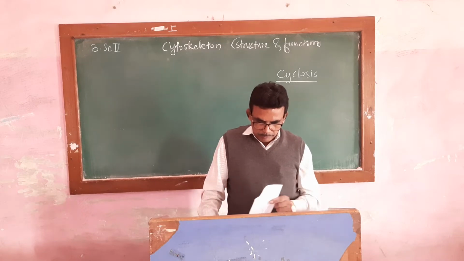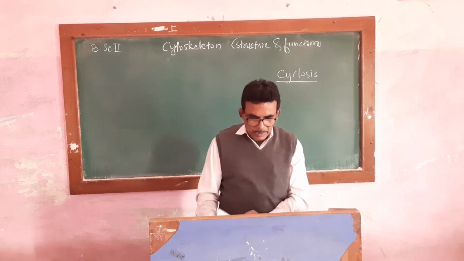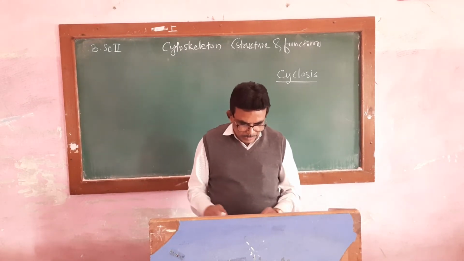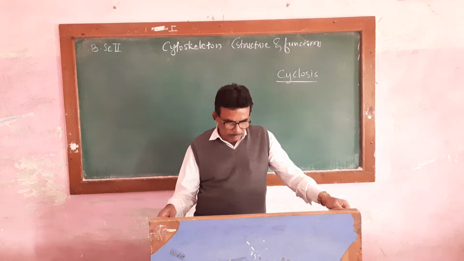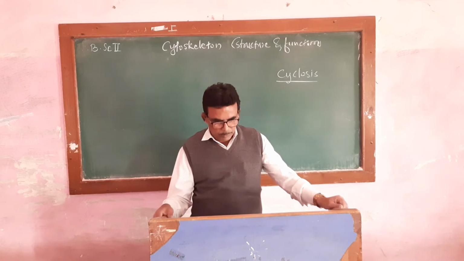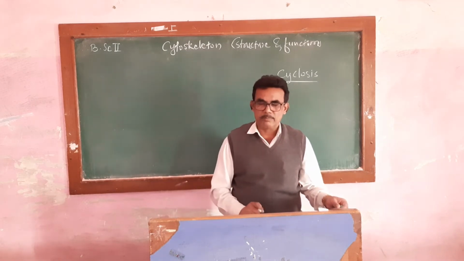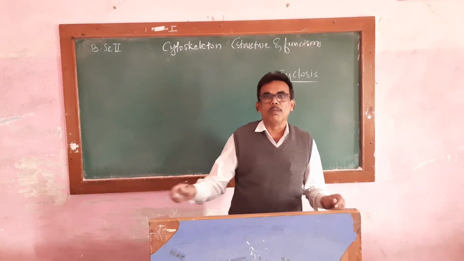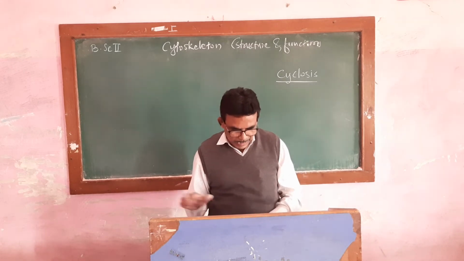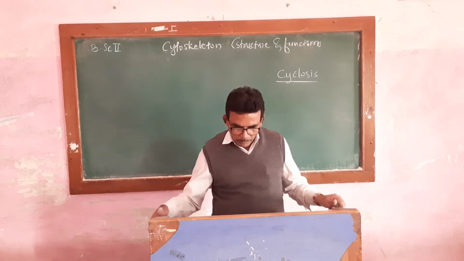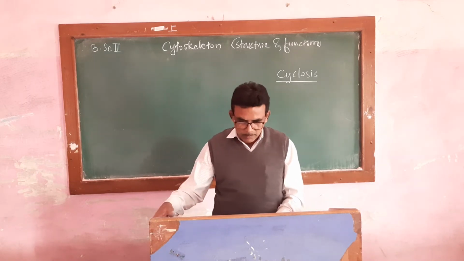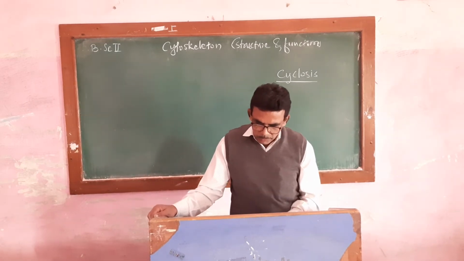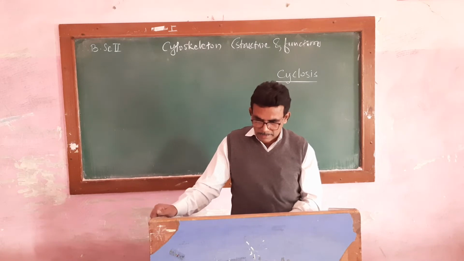So what are the important functions carried out by the cytoskeleton? It aids in the development of vacuoles. So vacuole formation would not be there without the cytoskeleton. It performs several functions to give form to cells.